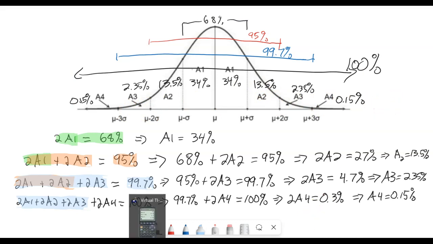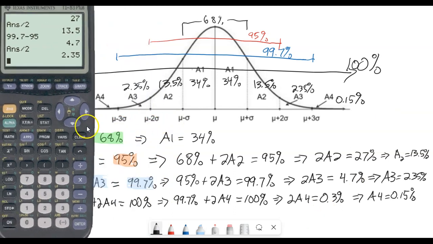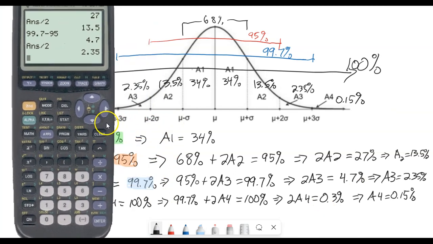Let me demonstrate one other approach quickly with the calculator. First off, 68%, divide by 2. There's your 34s. 95 minus 68, divide by 2. There's your 13.5s. 99.7 minus the 95, the one before it, divide by 2.